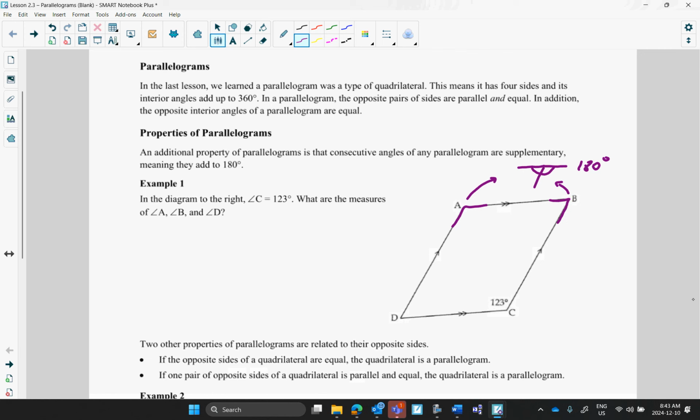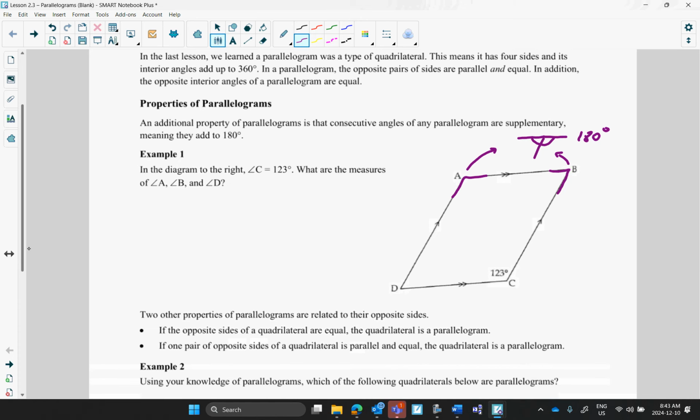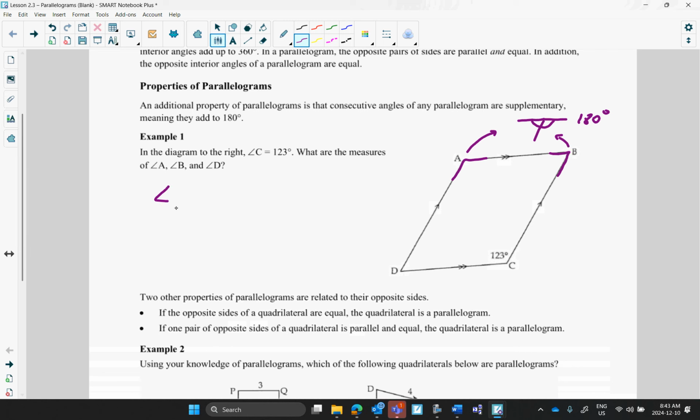So given the properties of the interior angles, given what we know about the opposite ones and the consecutive ones, in this example, how would we find the measures of angle A, B, and D? Well, first of all, what would angle A be? Same as angle C, because they're opposite each other.